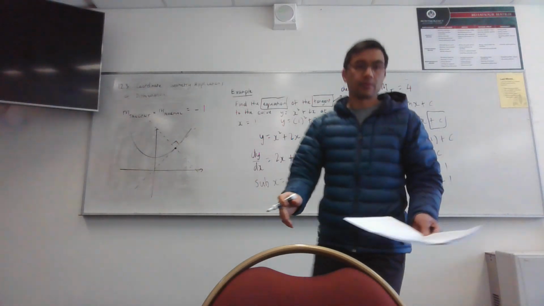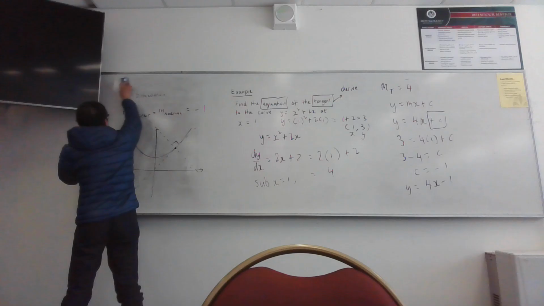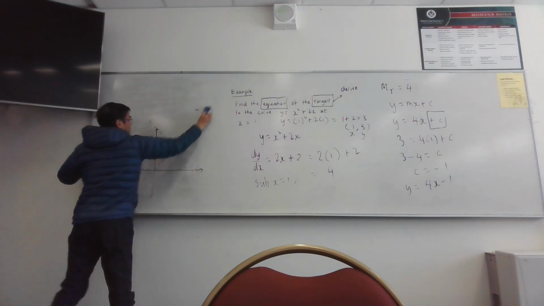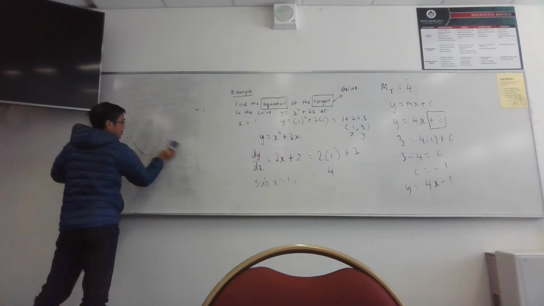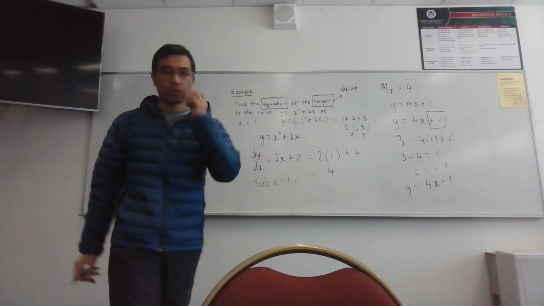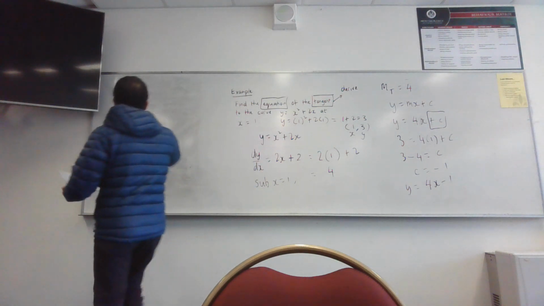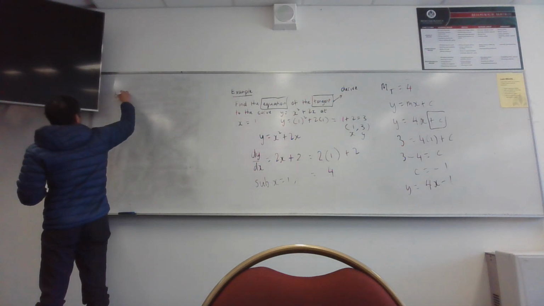Let's go a bit further. We'll graph this up. So hopefully you've got your CASs today. If you don't, you can look on my TV screen. Next question. B is find the normal.